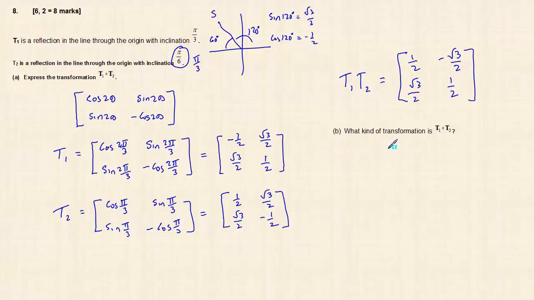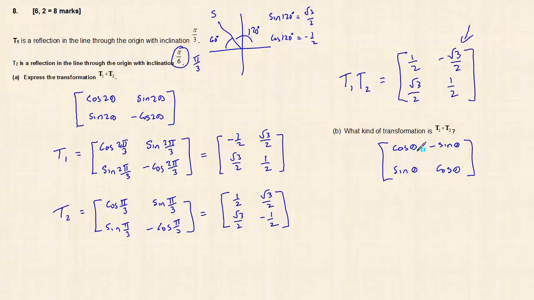We're now asked what kind of transformation is T1 of T2. We know that a rotation matrix is of the form cos theta, negative sine theta, sine theta, cos theta. And this is certainly of that form.